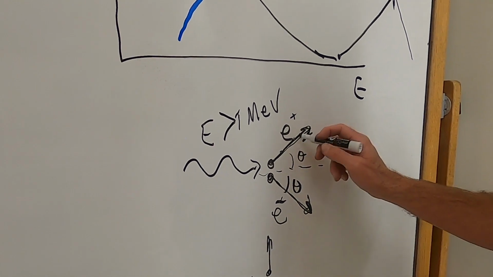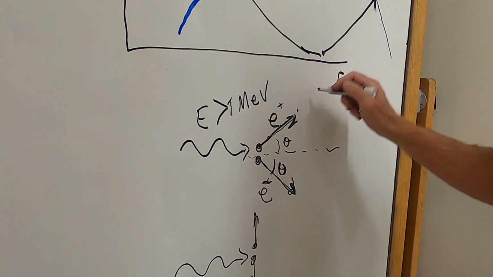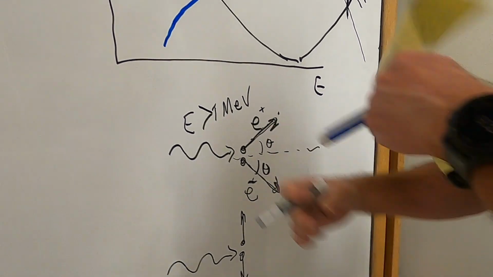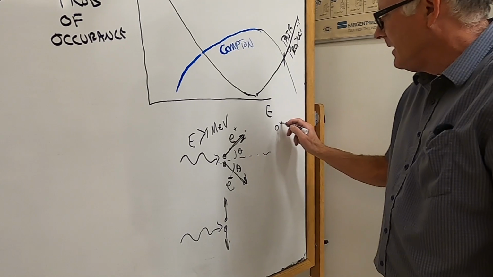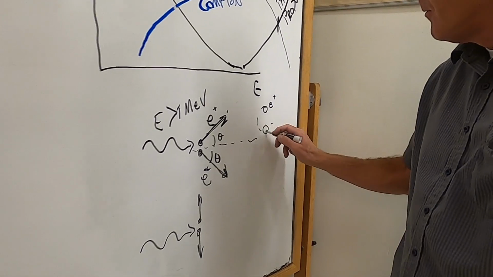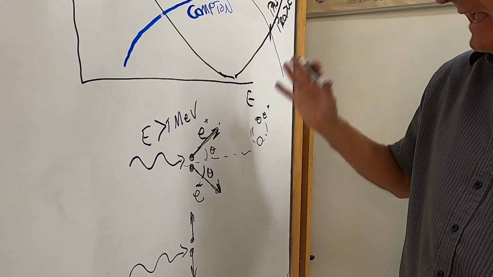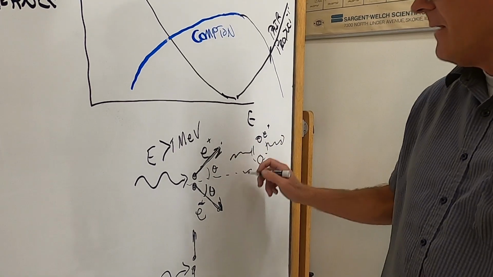He's going to slow down, eventually combine with another electron that's out here, and they form a little atom called positronium. A little e plus and e minus kind of orbiting, and then they decay. All that energy goes into 2 gammas.